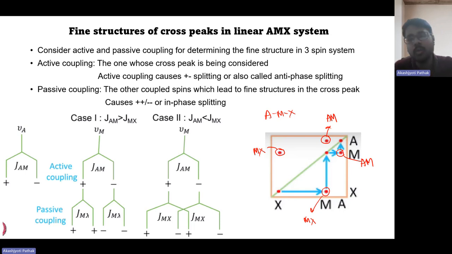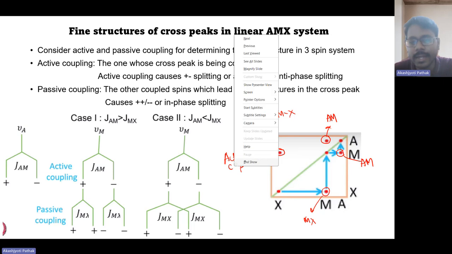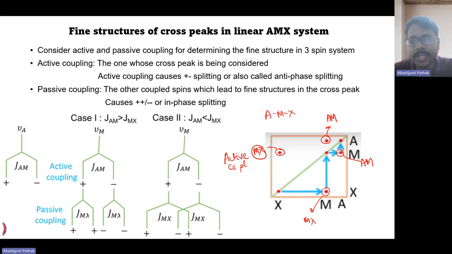So for example, you want to find what the fine structures present in this MX cross peak are. When you are considering this MX cross peak, then this is the active coupling. The cross peak that you are considering, that is the active coupling. All other fine peaks that you will get, those are the passive coupling.